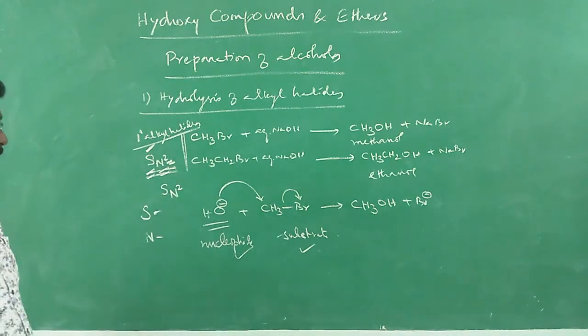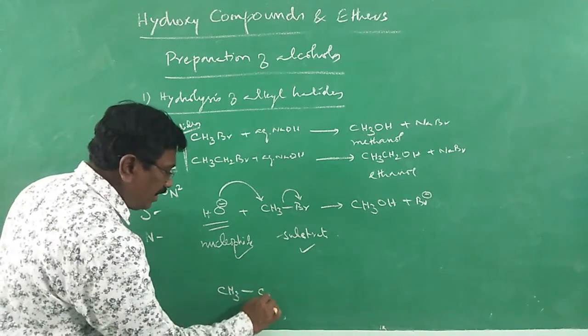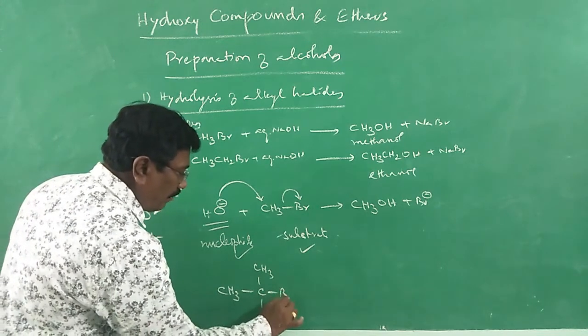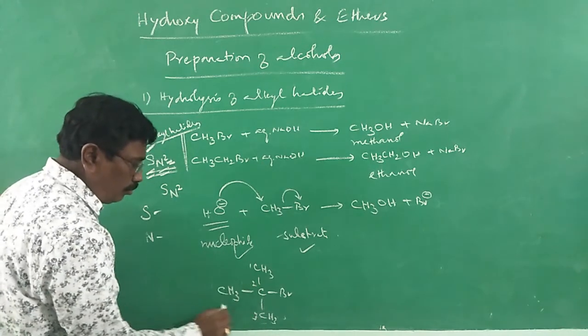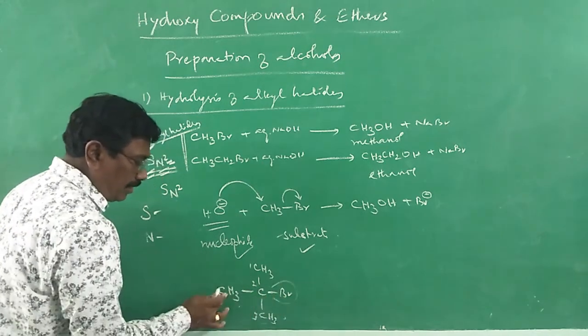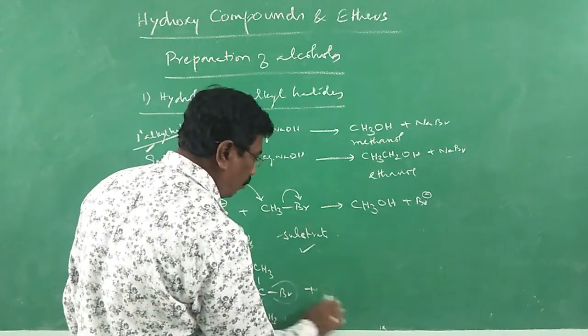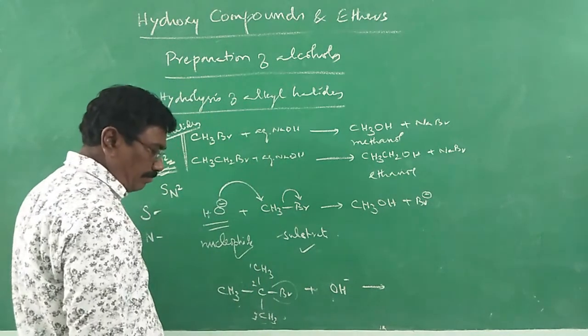Suppose it is a tertiary alkyl halide like (CH3)3C-Br. If it is tertiary butyl bromide, 2-bromo-2-methylpropane, and is made to react with say aqueous sodium hydroxide, or OH minus, the aqueous sodium hydroxide will generate OH minus.